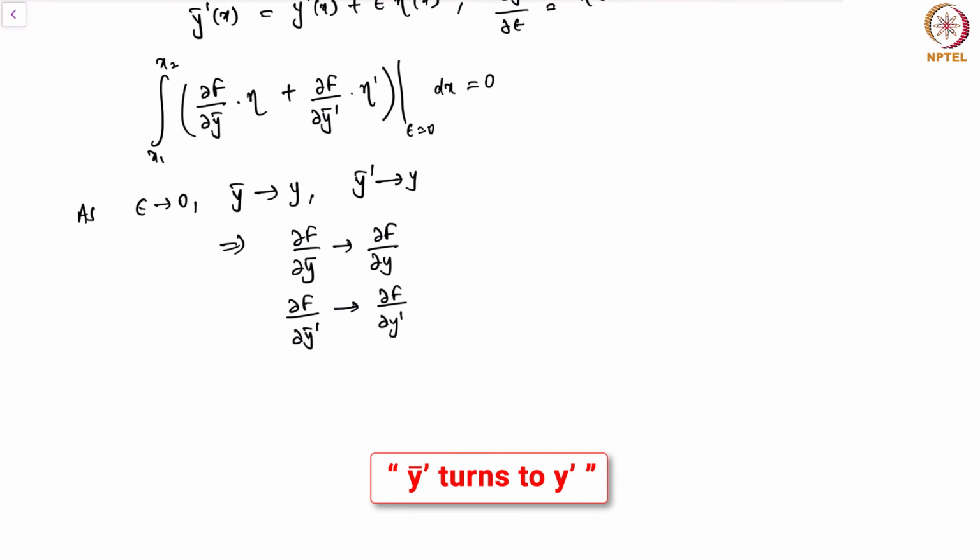Remember this is done at epsilon equal to 0, that's why we are carrying that epsilon equal to 0 in every step. So I can now replace these bars and simply write it in terms of y and y prime.